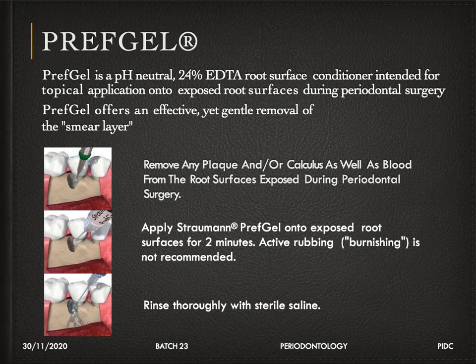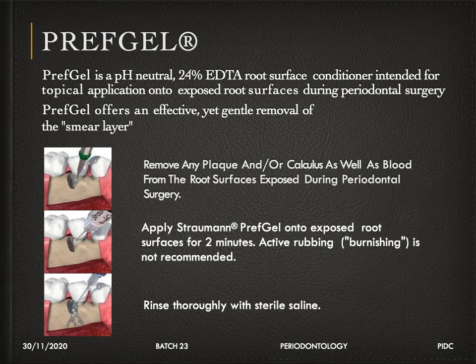So basically you have to remove the plaque and calculus, debride the surface, then apply the gel, the PrefGel, onto the exposed root surface, and rinse it thoroughly with saline. Then if you require a graft material like bone graft, you can place a bone graft and close, or you can just close the site without any bone graft.